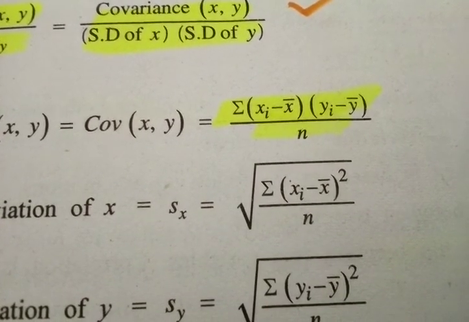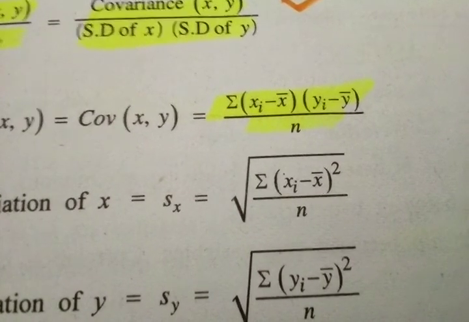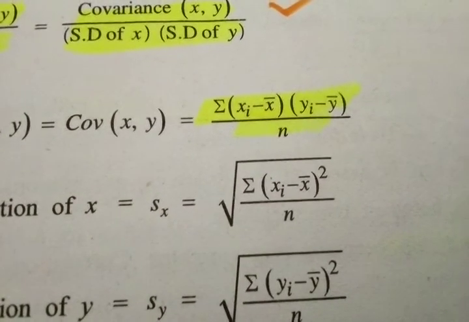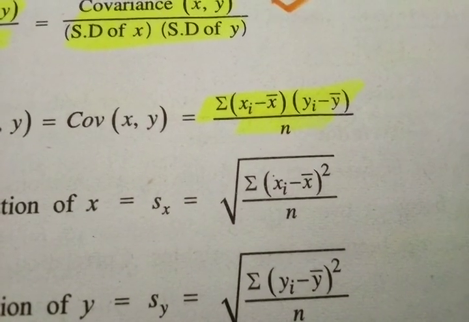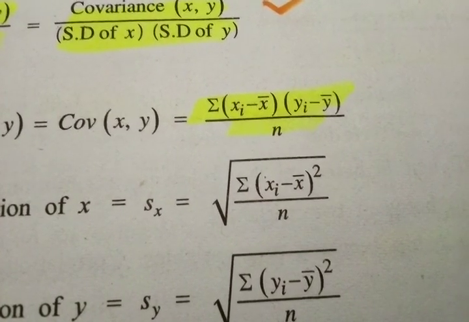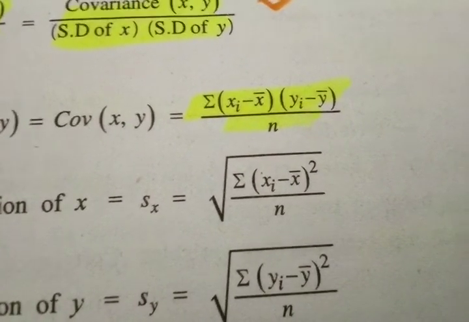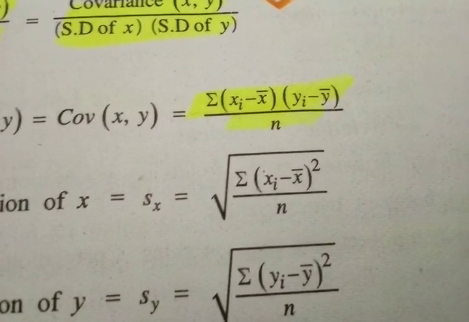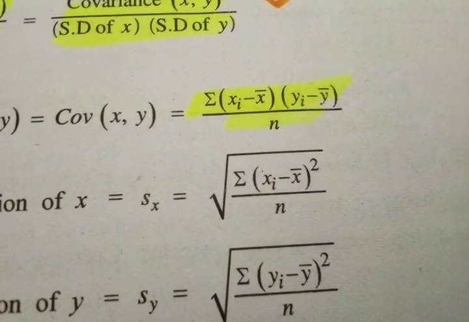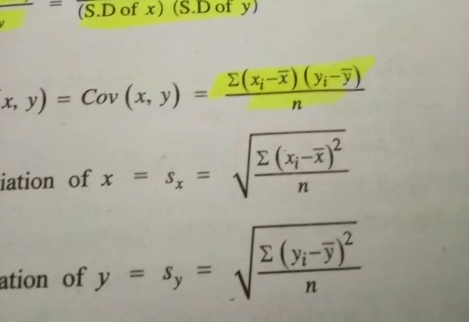So x and y are the two variables, and from x we have to subtract x bar or mean, and from y we have to subtract y bar or mean of y, and the column total or summation should be done, and then x minus x bar should be multiplied by y minus y bar, and then we will get the total of the column, that is sigma x minus x bar into y minus y bar, and that should be divided by number of items n, and that will give us covariance.